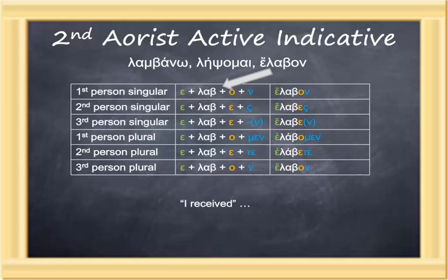So elabon means I received. Elabes, you singular, received. Elabe, or elaben, she, he, or it received. Elabamen, we received. Elabate, you plural, received. Elabon, they received.